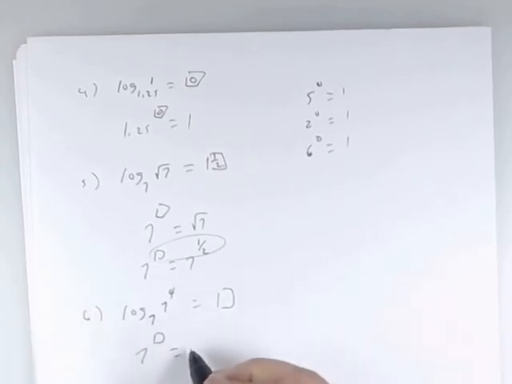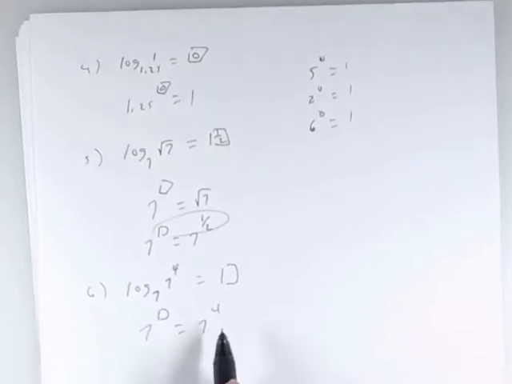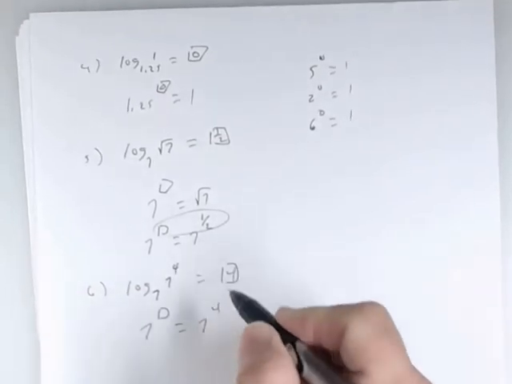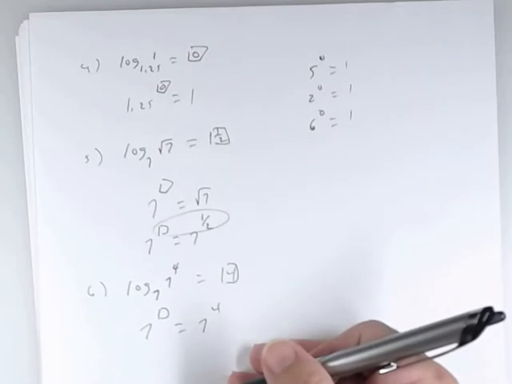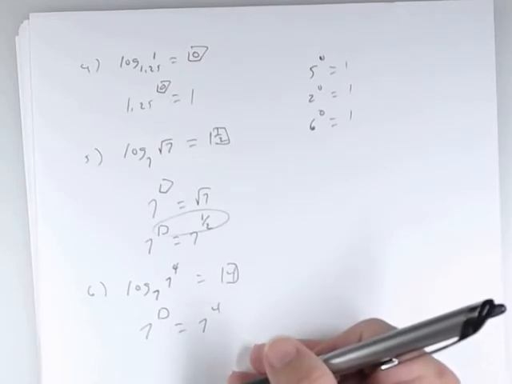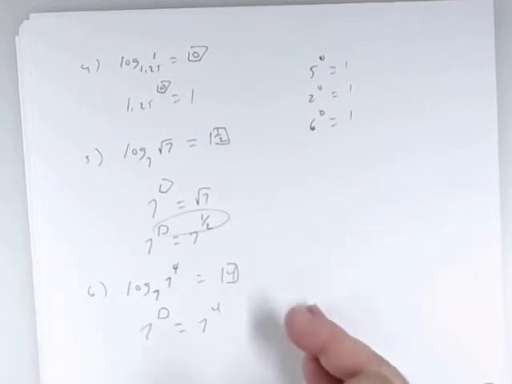What's the argument? Well, isn't that like we just did? So what's the answer? 4. Write it out. Don't start freaking out. Use your knowledge. Everything builds upon each other.